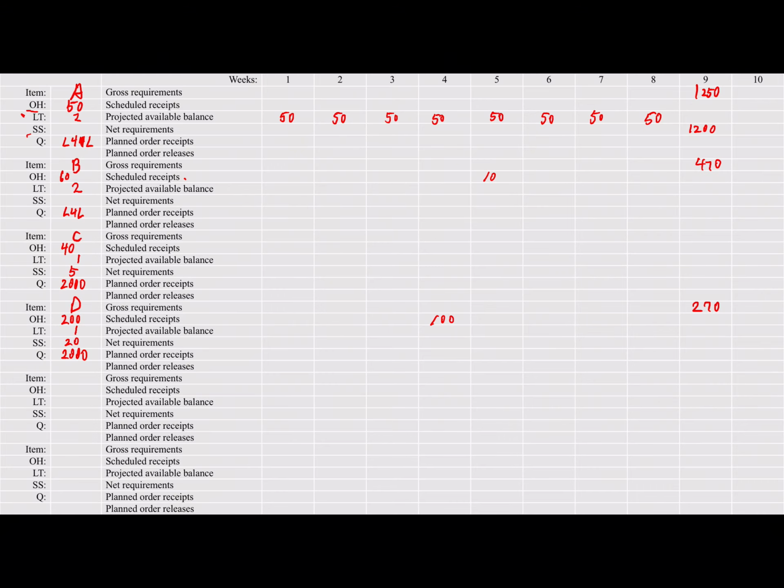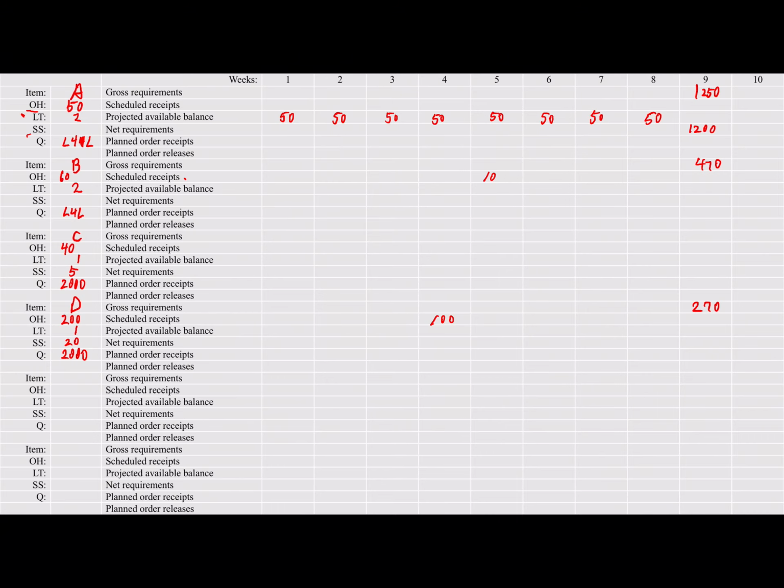Means I only need to order the same quantity as needed, right? There's no fixed order quantity. If I only need 1, I only order 1. If I need 2, I only order 2. If I need 1200, I only need to order 1200. Okay? So it means I'm short of 1200, I only need to order 1200.